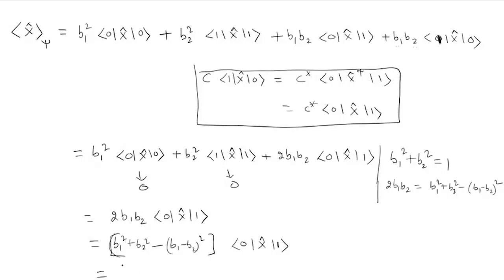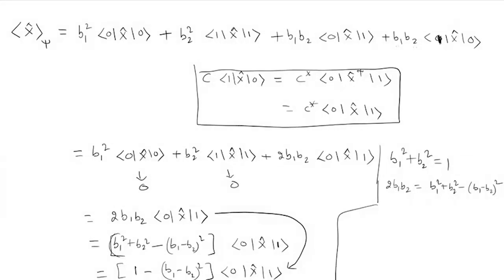This becomes minimum when this is 0. b1 square plus b2 square is 1 minus (b1 minus b2) whole square. You can rewrite this. Now you can clearly see this coefficient, 1 minus so and so, becomes minimum when b1 is equal to b2.